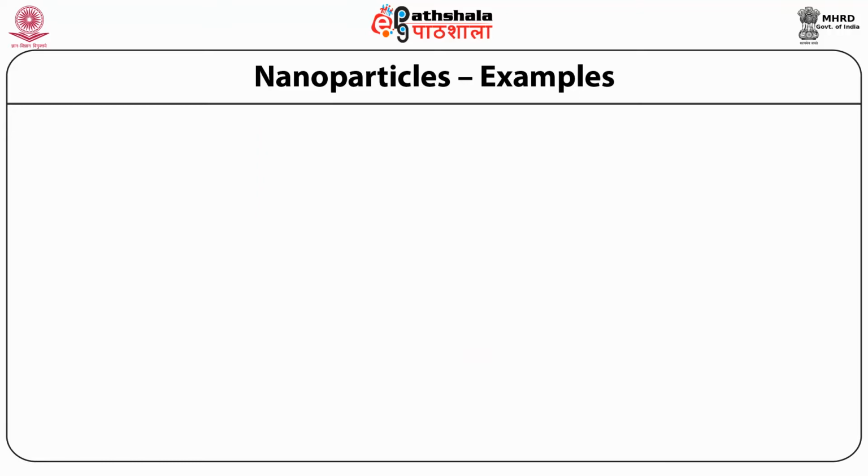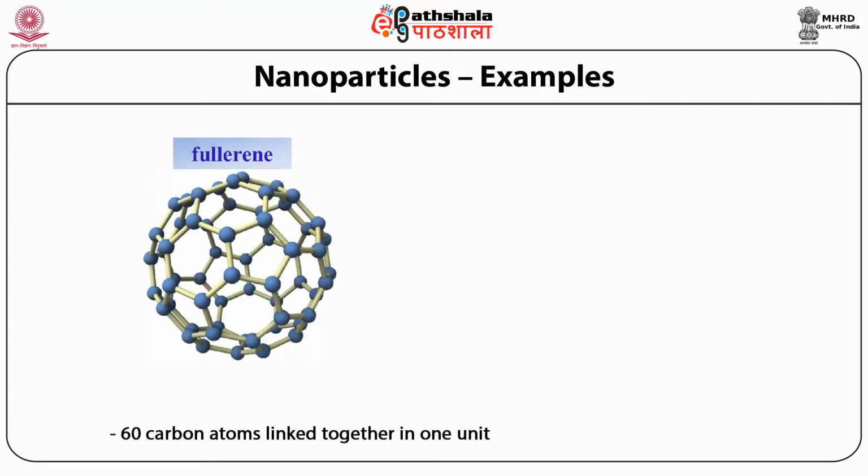Nanoparticles, their example. This is shown as the fullerene, whose total diameter is 1 nanometer, in which there are 60 carbon atoms linked together in one unit.